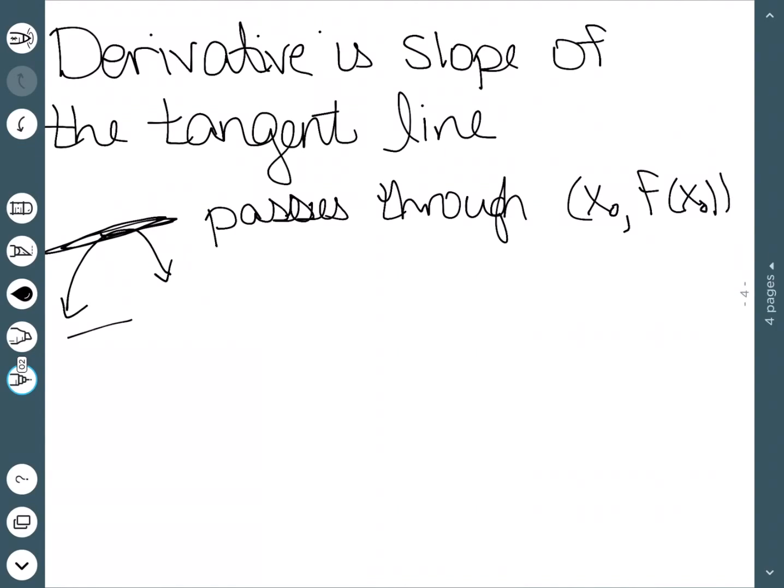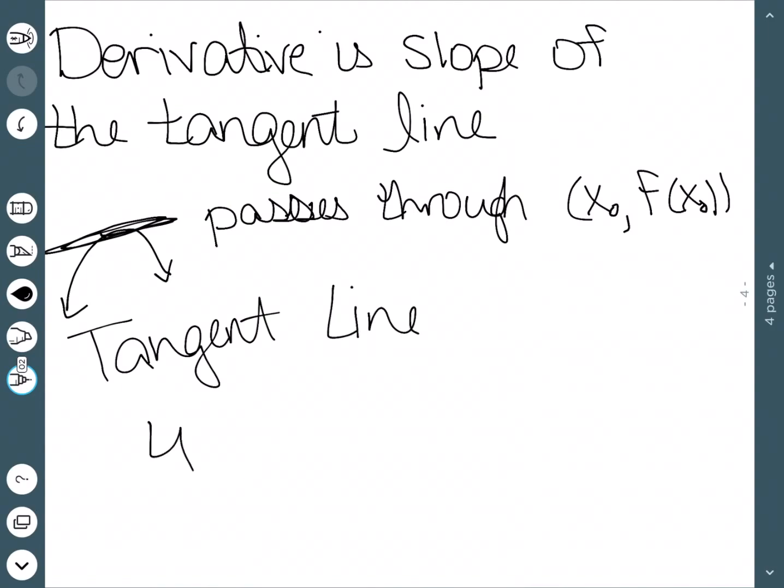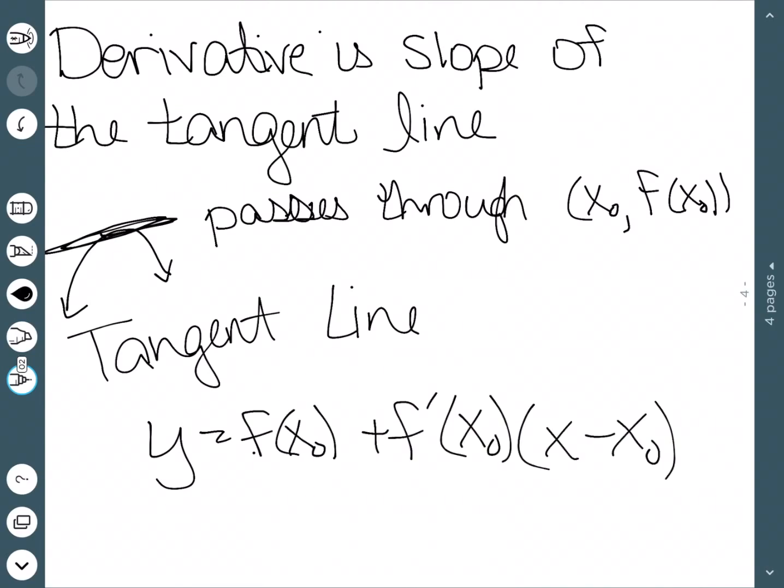So I can find the equation of the tangent line. In particular, it's going to be y equal to f of x0 plus f prime of x0 times x minus x0. So now that we've done that, let's do a few more examples, both of finding the derivative and of finding this tangent line.